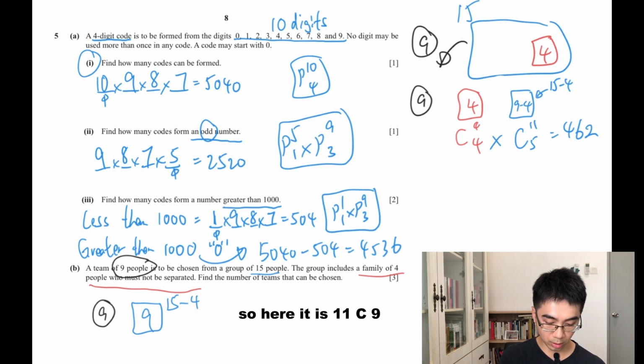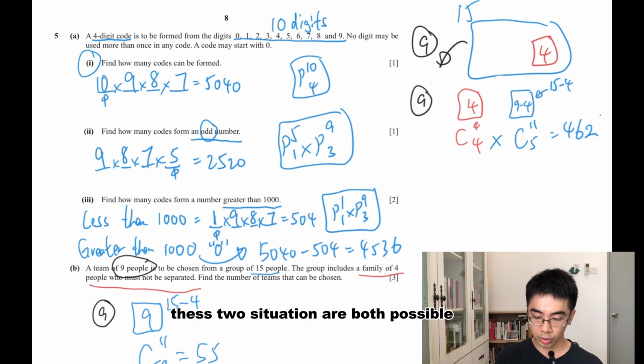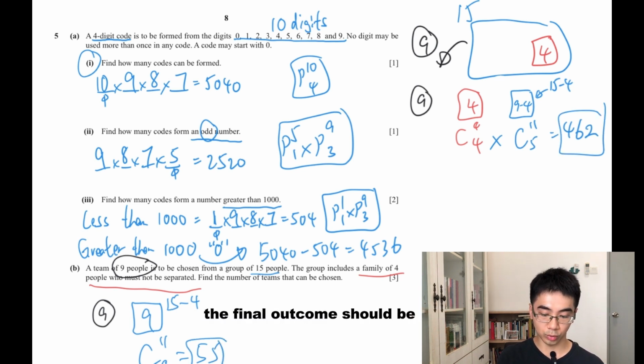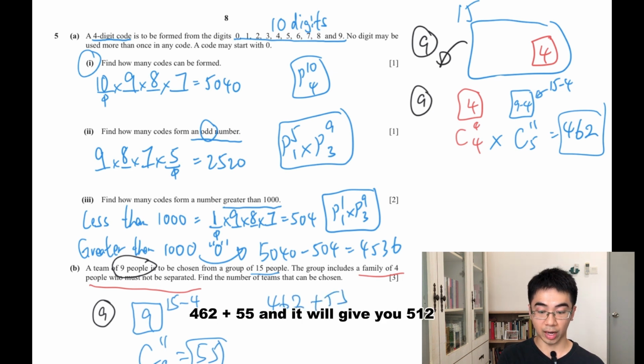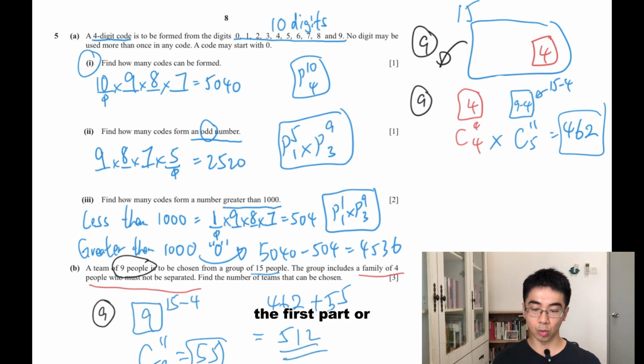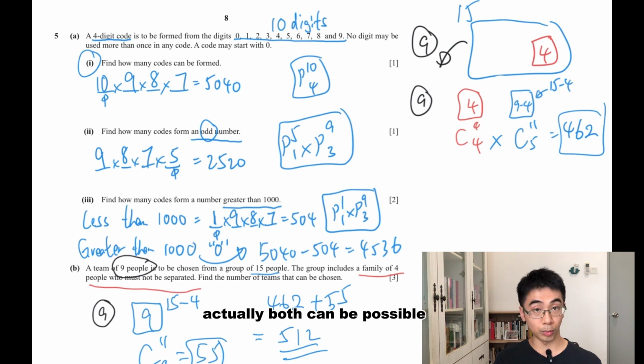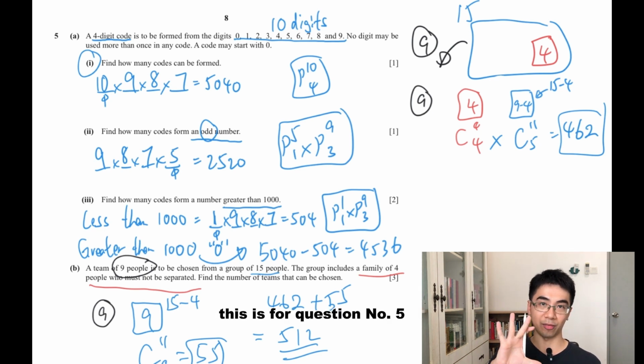So here it is 11C9, and using your calculator you will get 55. These 2 situations are both possible, so the final outcome should be 462 plus 55, which gives you 512. It's a little bit tricky because you might ignore one situation, but actually both are possible. So this is for question number 5. Thank you.